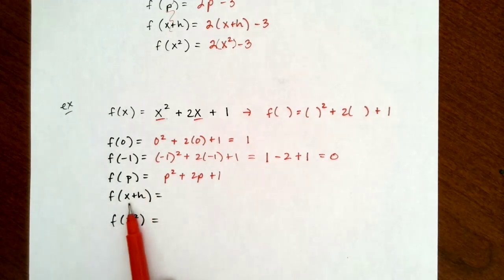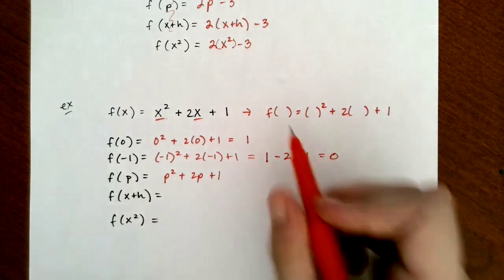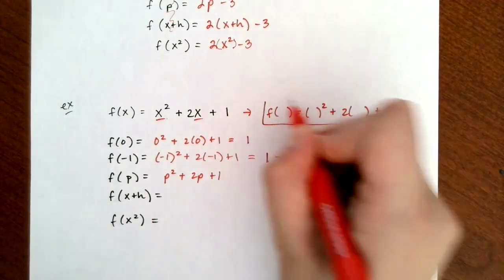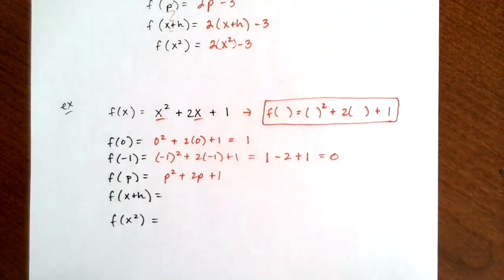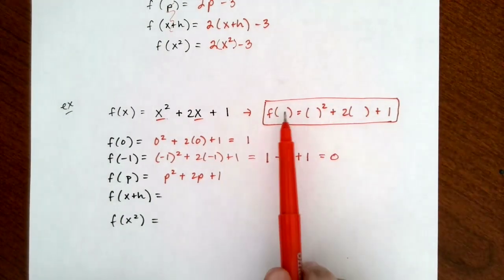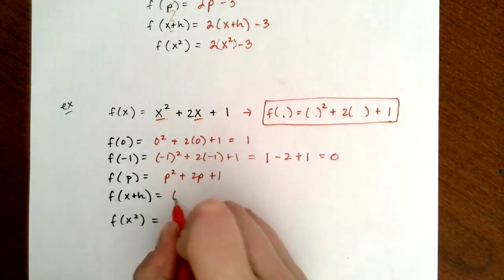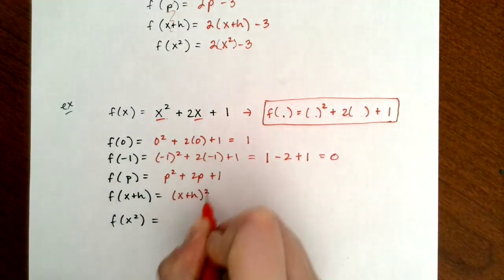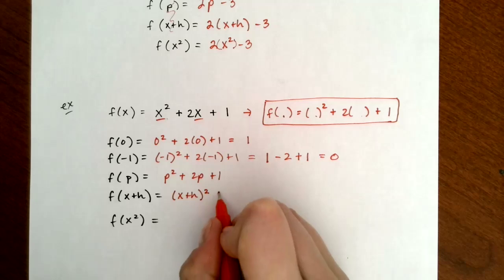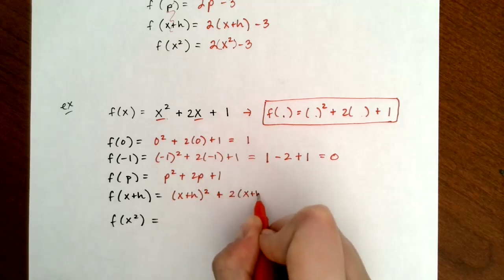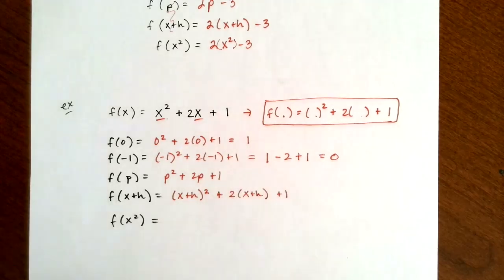That's why we're practicing with it now, because it can be really tough on the brain to execute this step. So because of the x in here, I'm going to look to this version of the formula instead, the one that doesn't really have an input variable, just an input spot. So whatever I'm plugging in goes here and here in parentheses. So I'll have x plus h squared in parentheses plus 2 times x plus h plus 1.